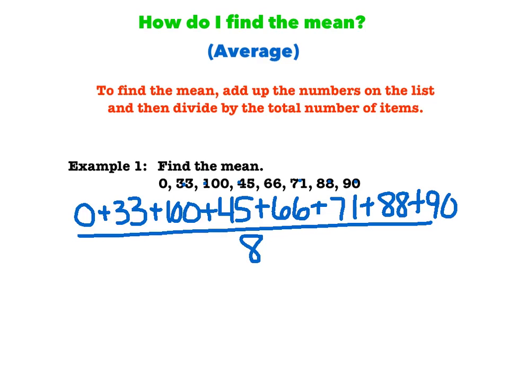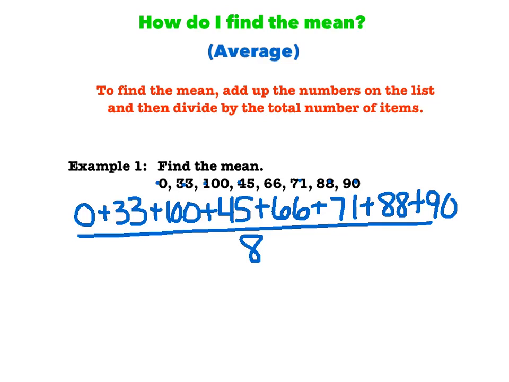And now I know that the number 0 does not have a value, but it needs to be included because 0 is part of the data, and so it needs to be included in the number of items that you have. So now you'll take your calculator, add them all up, and then divide by 8.